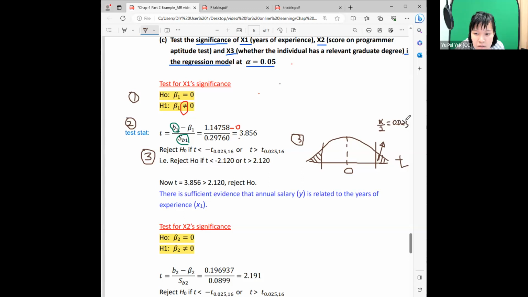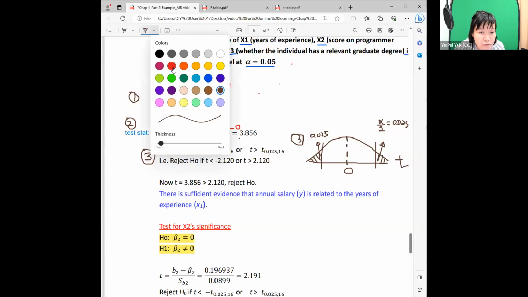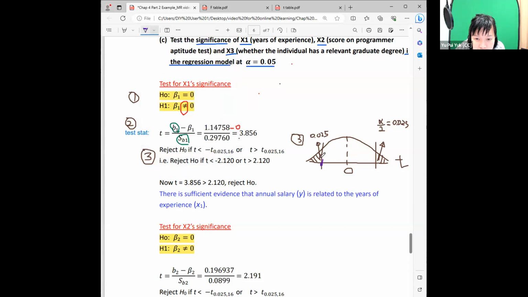So here also 0.025. The points here are the critical values, the CV. I use the purple color.